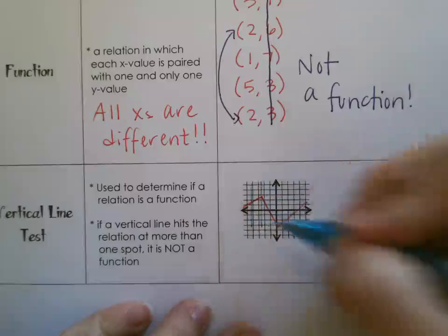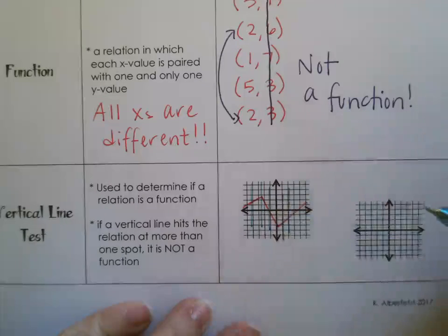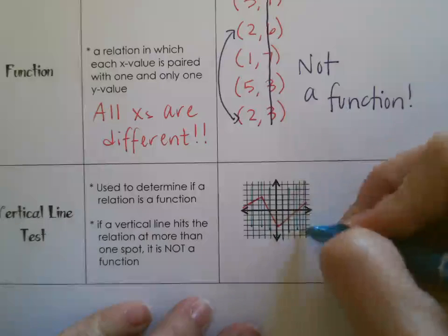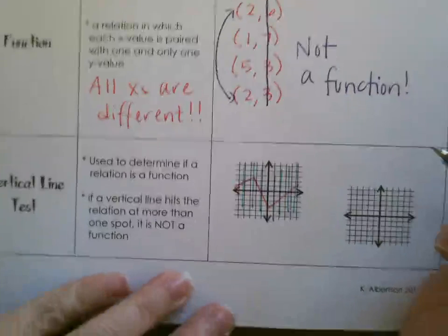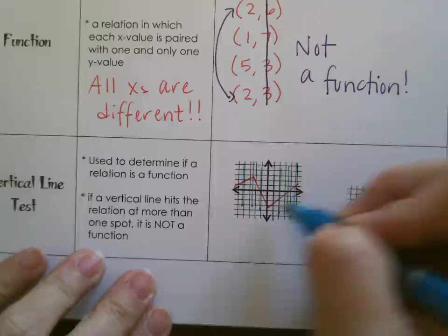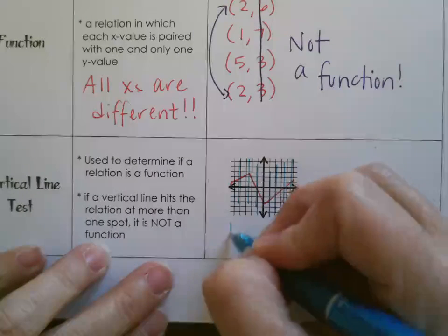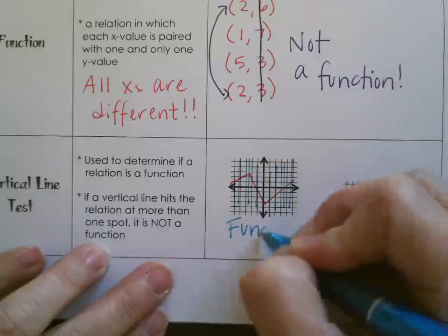I hit it once, I hit it once, I hit it once, I hit it once, I hit it once. If you remember when we talked about this in class, I gave you a little piece of spaghetti and we rolled it over to see if we would ever hit whatever our graphed function is more than once. So this one right here is a function.